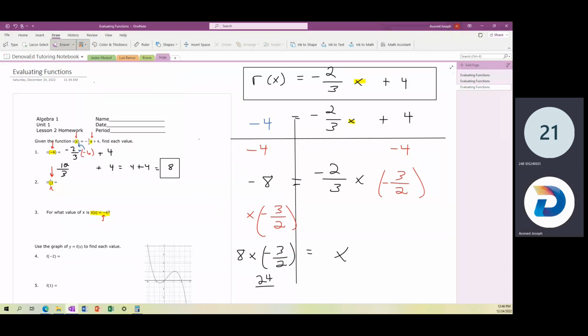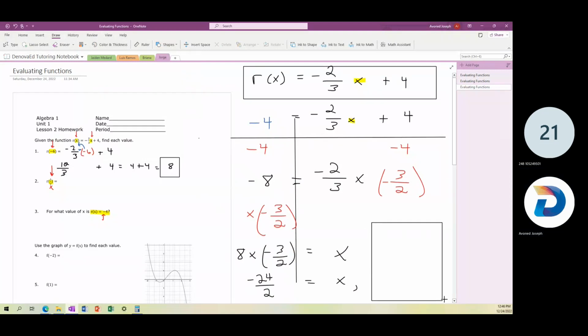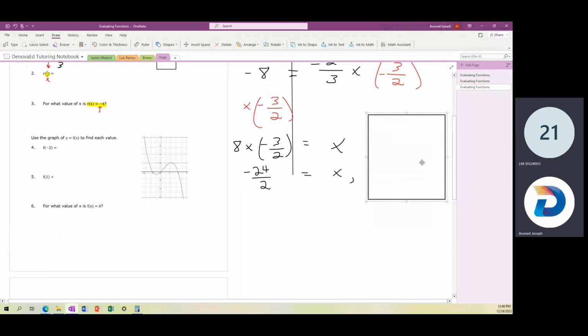Yeah, that's correct. -24 over 2 is equal to what? X. Right. And then we know that 24, let's put it in this area over here. Okay, yeah, so 24, hold on 1 second.